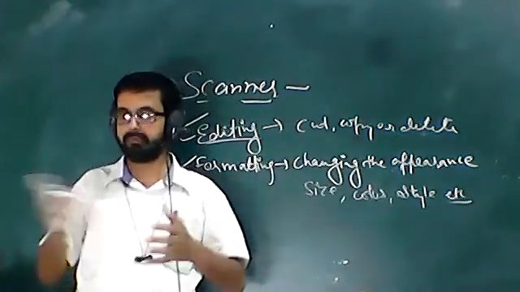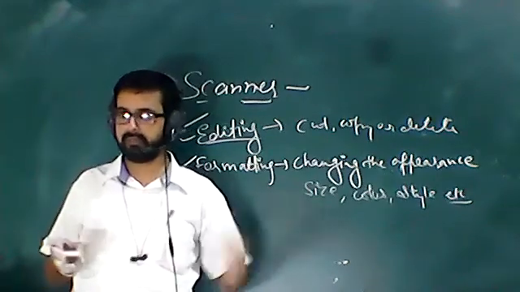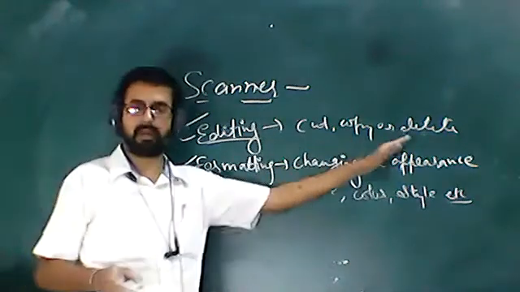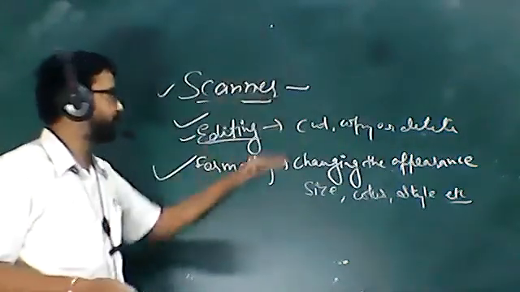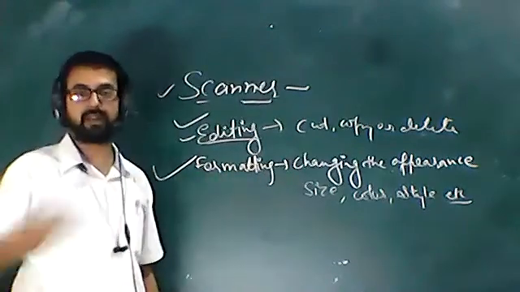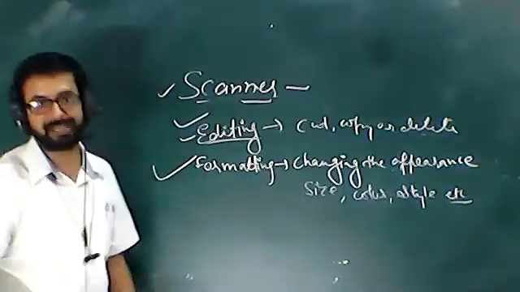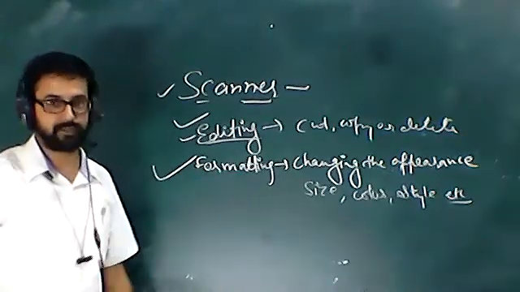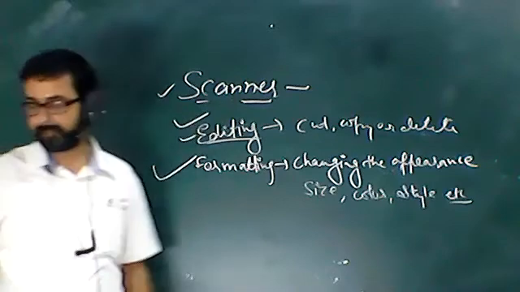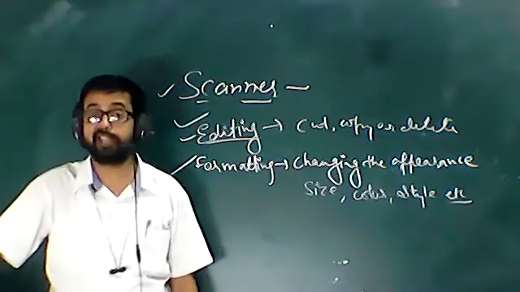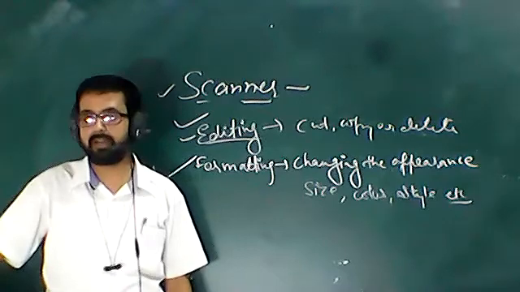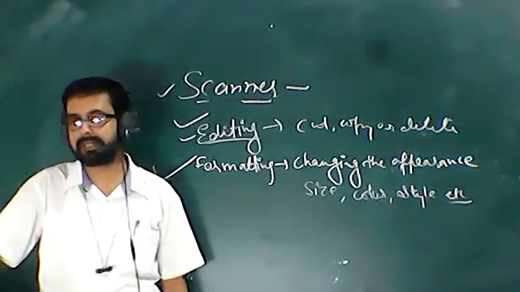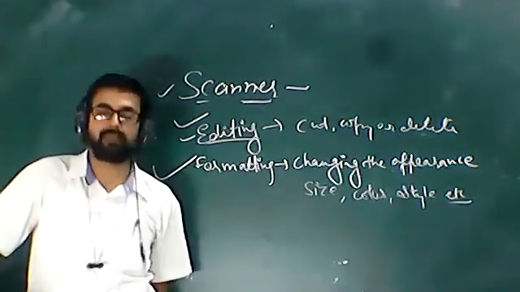If you want to remove any part from your picture, then editing, cut, copy or delete is used. If you want to change the color, style or size of your picture, the photographer can use the formatting feature. So a scanner is a type of input device that is used to change the appearance of the text and perform the editing features.